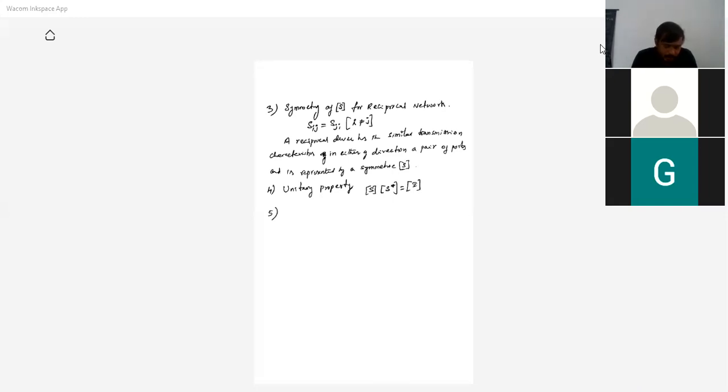So this is the S matrix for a reciprocal device. Here two things I can write.